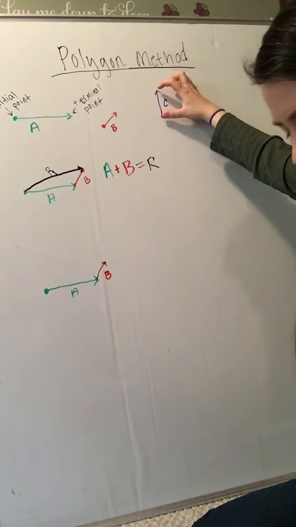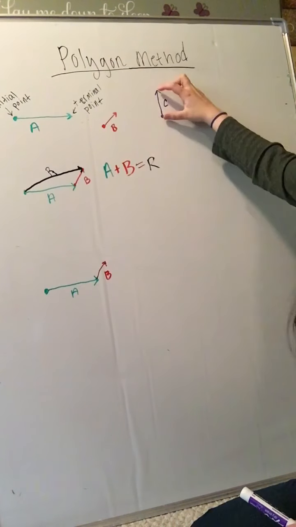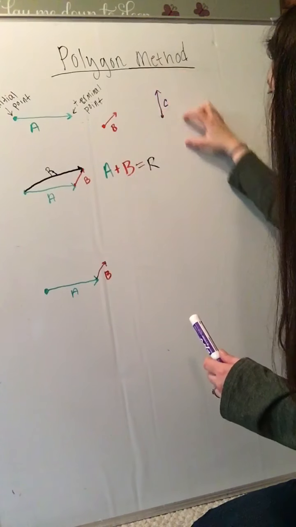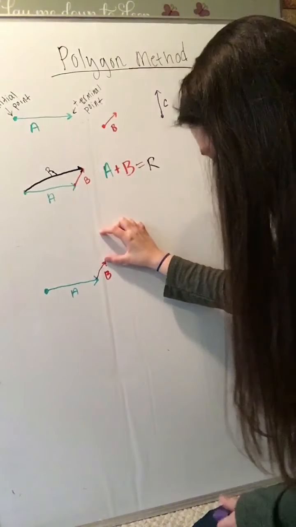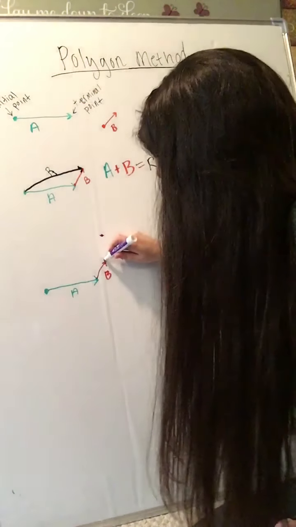So let me recreate vector C. I'm going to put its initial point on the terminal point of B, right about there.